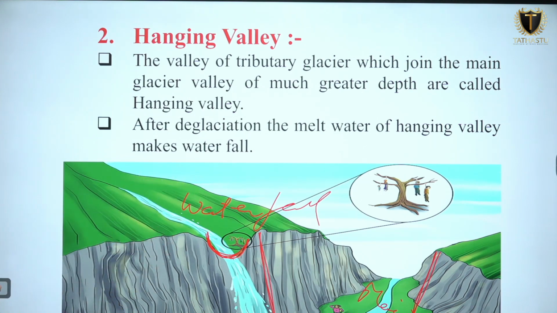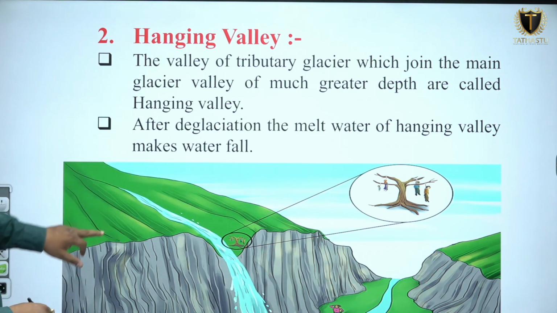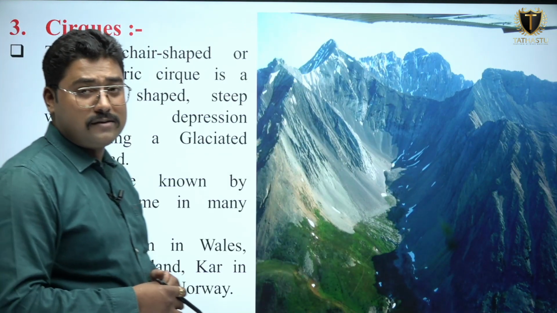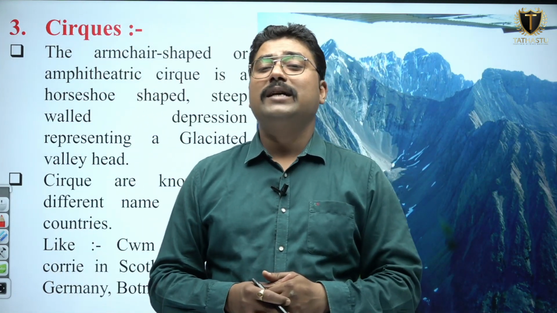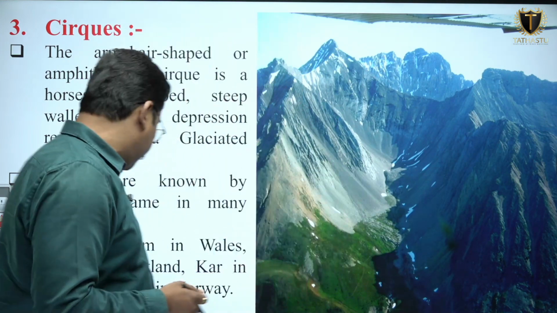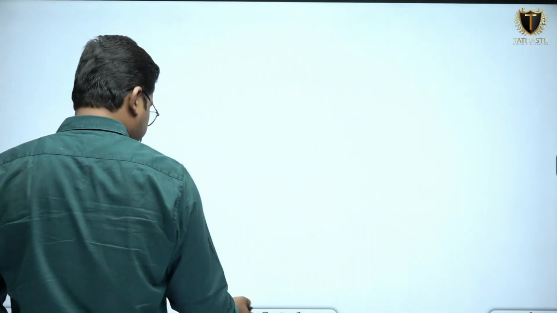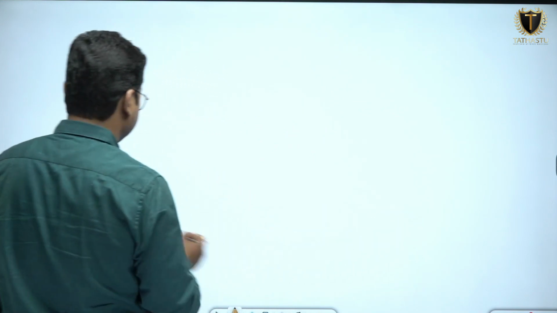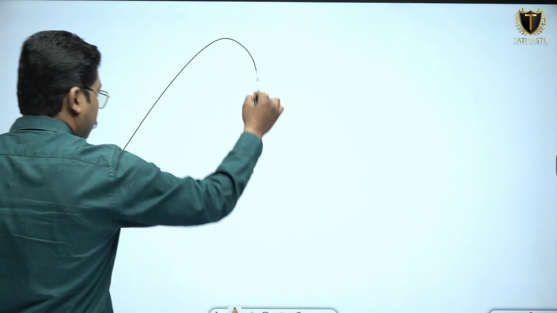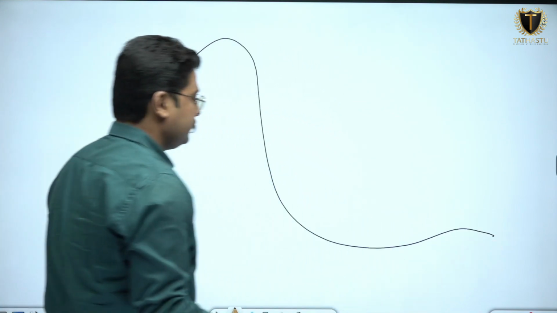After hanging valley, we are moving on to the next feature, that is cirques. Technically, cirques are the armchair shaped structures of the glaciers. Let me show you. They are like this simply.